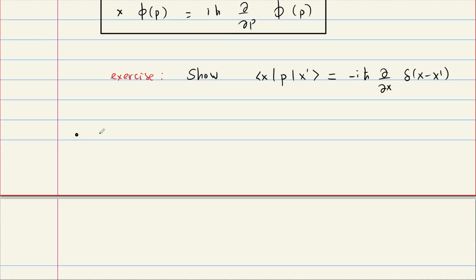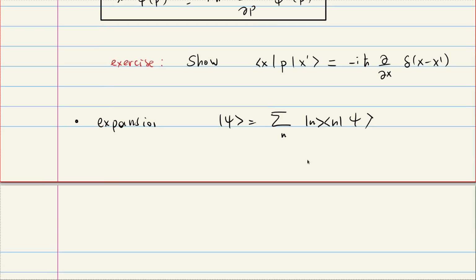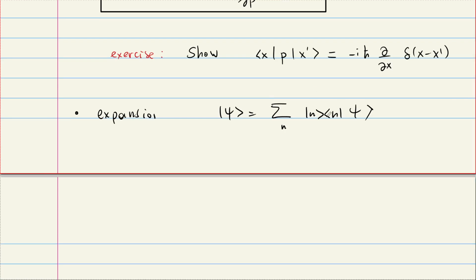Now let's think about this expansion. Like this psi is equal to the sum of n, n, psi. We are putting unities wherever we want, and you can be generous, as many unities as you want. From here we can see, if I define an operator P with the index n, what does this do? This guy hits on anything.